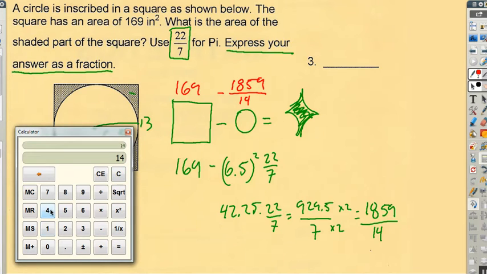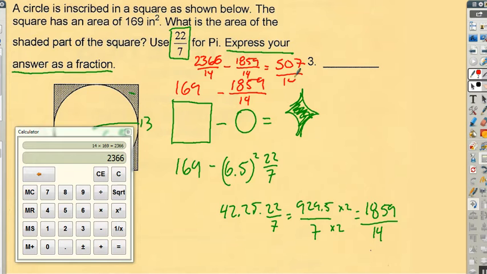So we have 14 times 169, and we get 2,366 over 14 minus 1859 over 14. And you subtract 2,366 by 1,859, and you get 507 over 14.